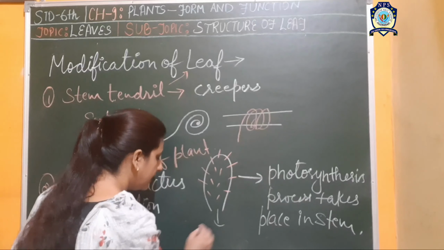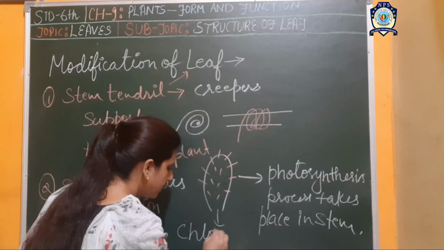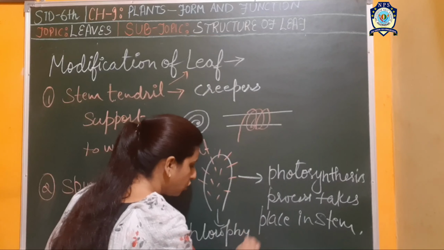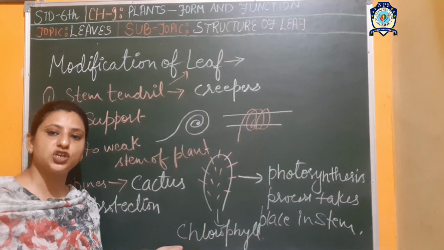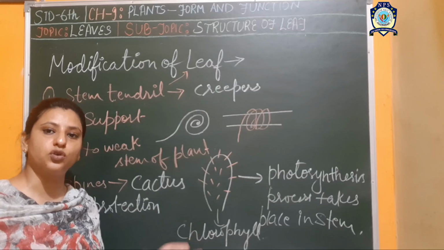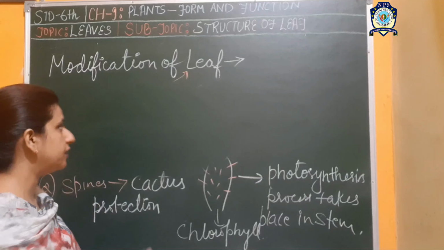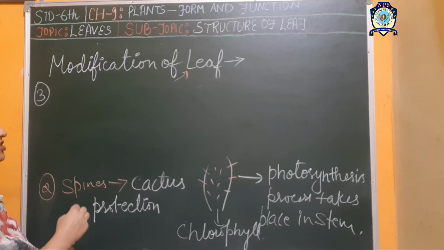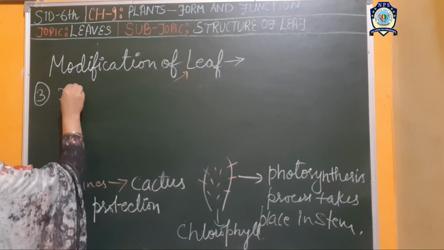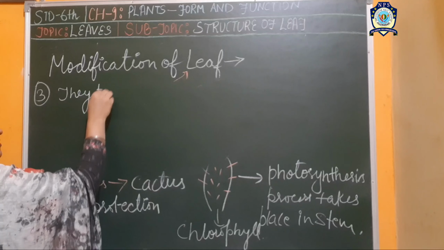That is having the green color pigment, which is called chlorophyll, and chlorophyll is important to trap the sunlight and perform the process of photosynthesis. And the third modification is, the leaves are modified into such structures that they trap insects.